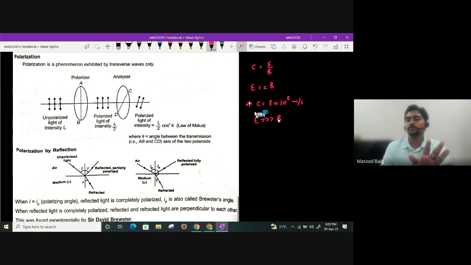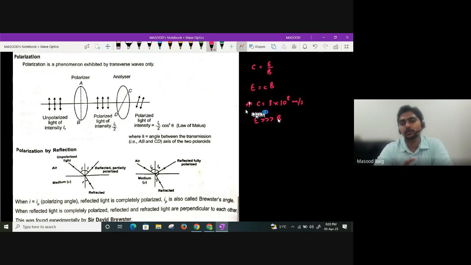Such type of light will be called unpolarized light. Right? If light contains electric field vector directed only in one particular direction, such type of light will be called polarized light. So the phenomenon of conversion of unpolarized light into polarized light will be called polarization, guys.